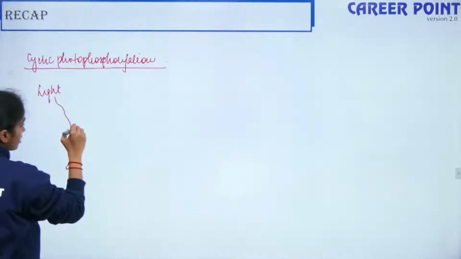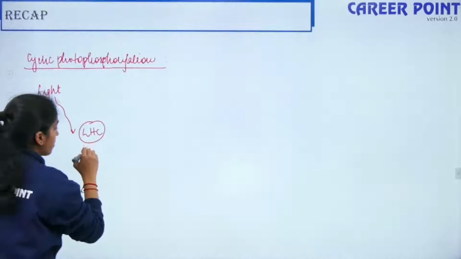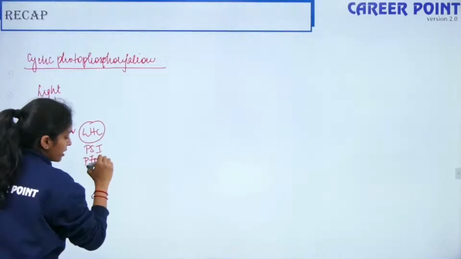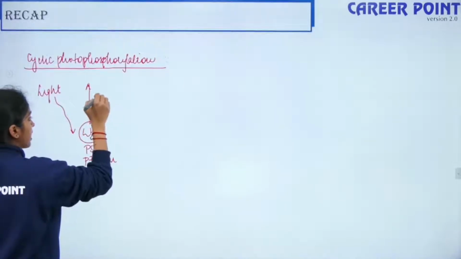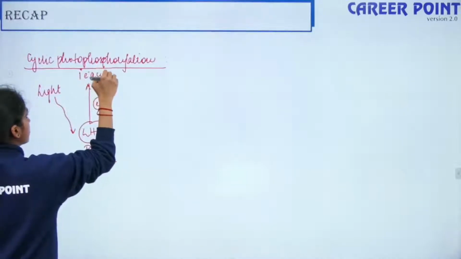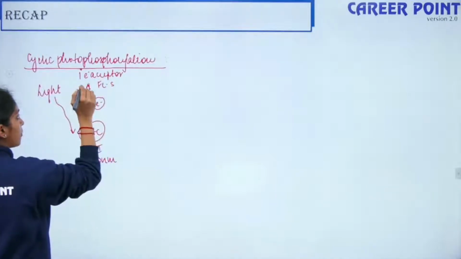Light falls directly on the LHC of your PS1, which has a wavelength of P700 nanometer. So once again the electrons are excited, and the primary electron acceptor is your iron sulfur complex.